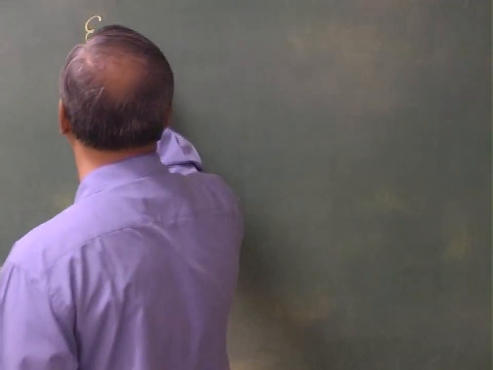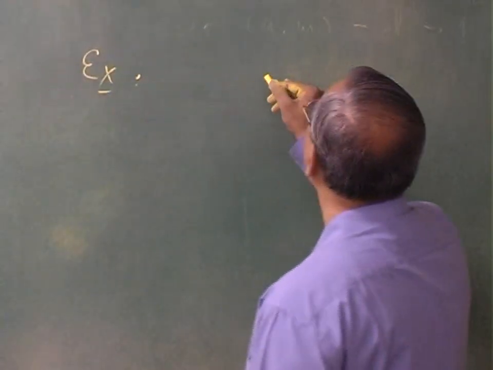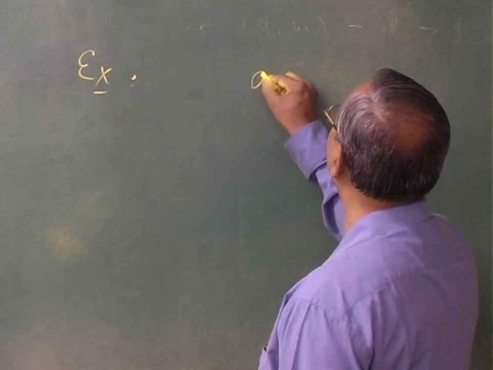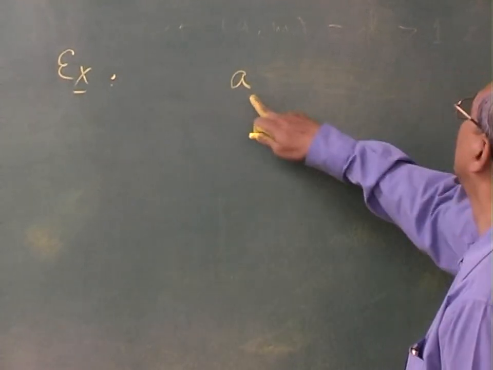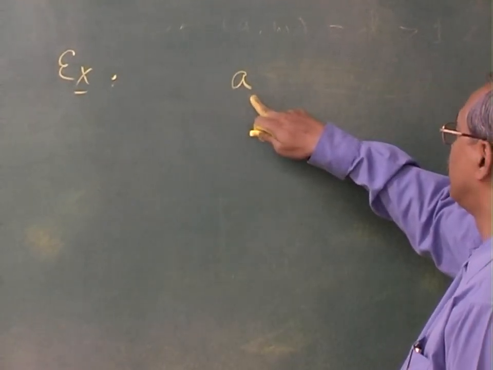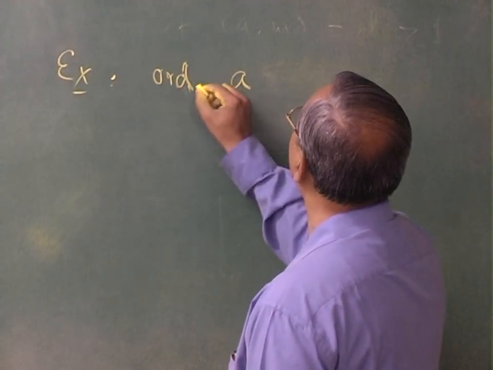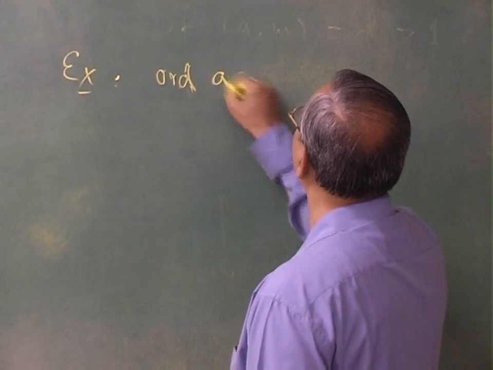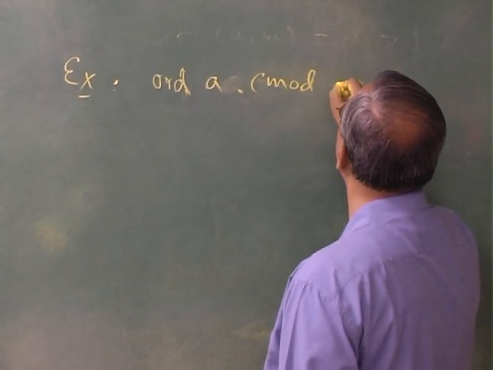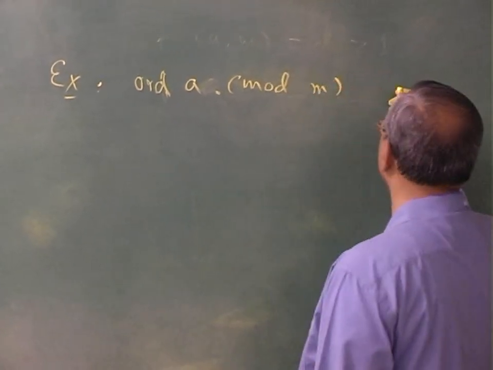A simple example is, suppose you take A of some order. So the order of A mod M is equal to H, say.